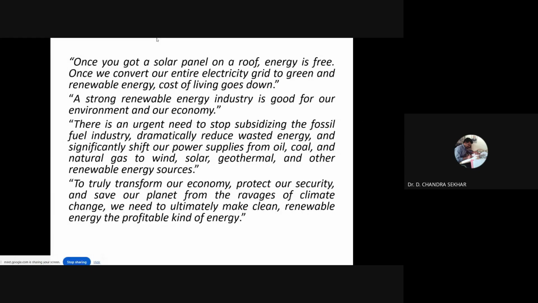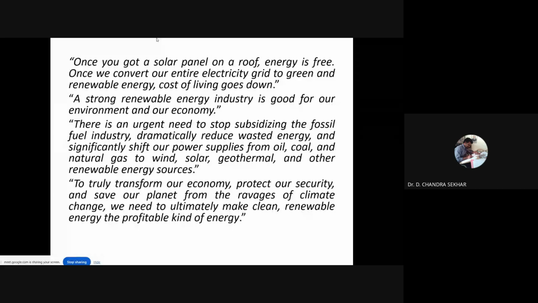Instead of that, if we build our own plants, meaning solar, and place solar panels on the roof of our house, the energy is free. If we generate more power with our solar panel, we can send it back to the grid also, and storage systems are also there.